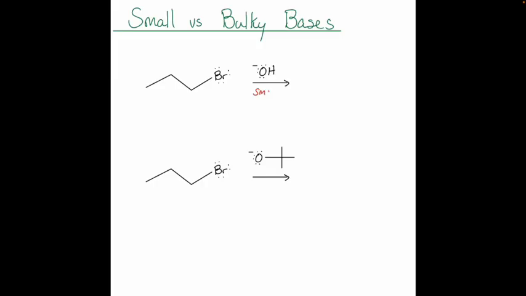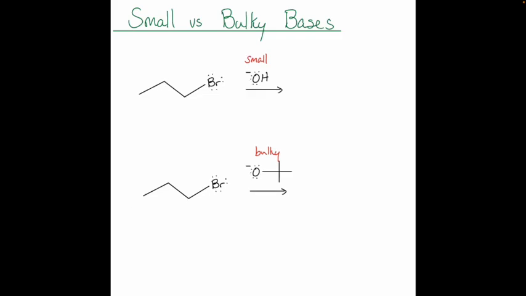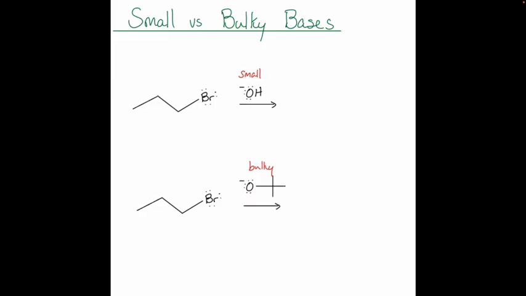Sodium hydroxide, of course, is a small base, whereas tert-butoxide is one of our bulky bases. We're working on predicting our products here, but right now we're trying to think about the big differences between these two.